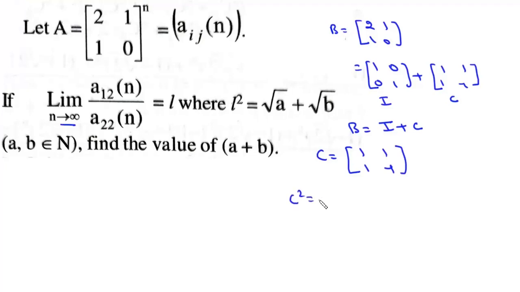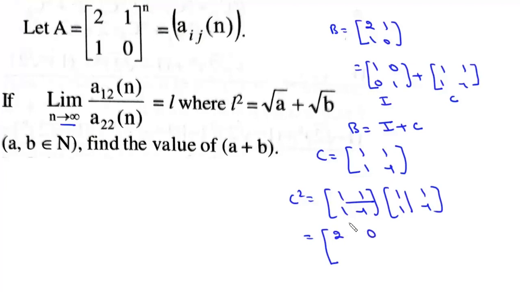Now we find C square, which will be [1, 1; 1, -1] times [1, 1; 1, -1]. Now we multiply. We'll get this as 2, this is 0, this is 0, and then it'll be 2. So C square is basically 2I.